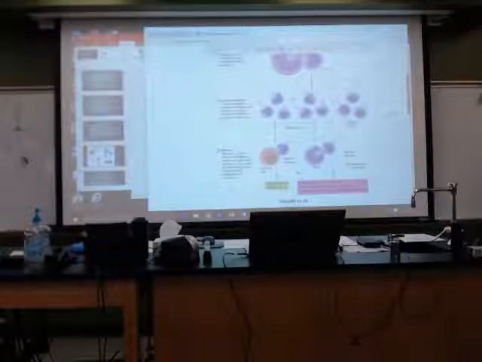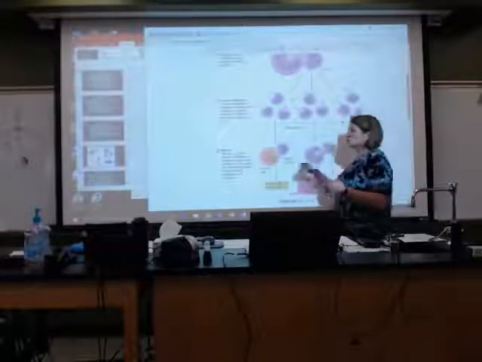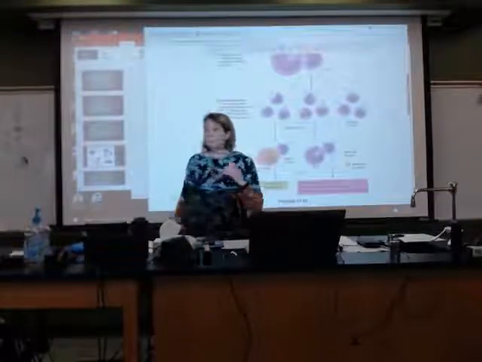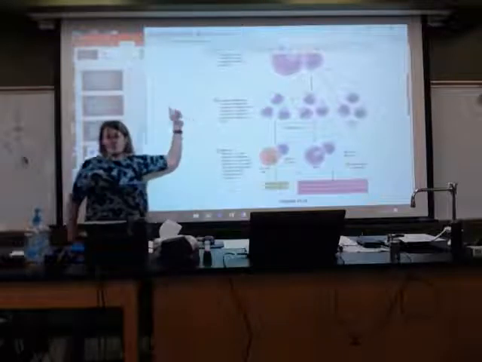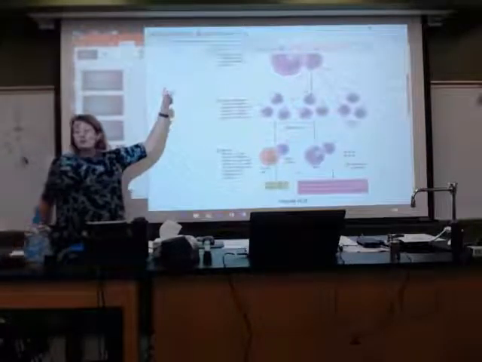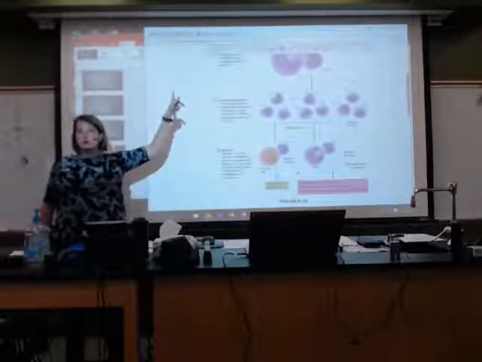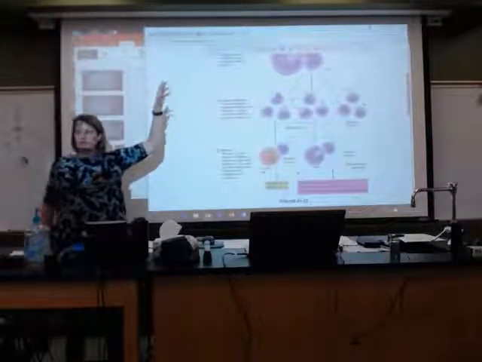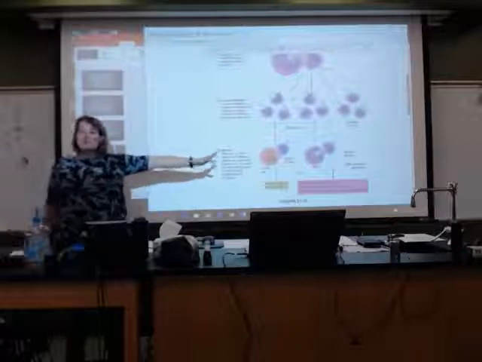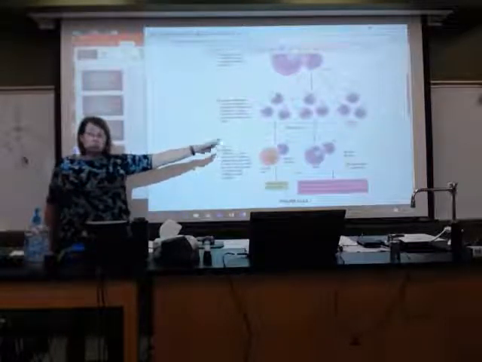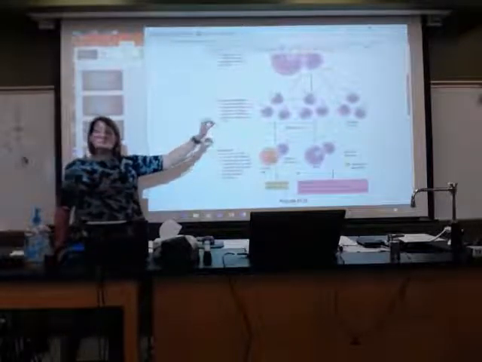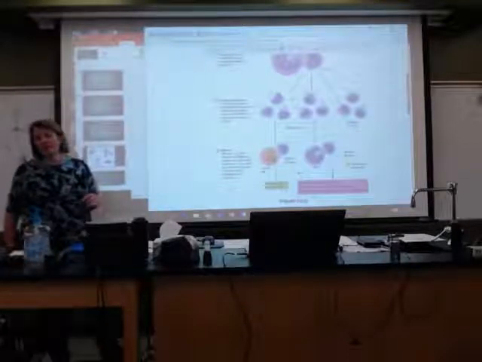This is the chemical that is produced that is going to allow the communication between the monocyte, between basically the T cell and the monocyte to occur. It lets them talk to each other.